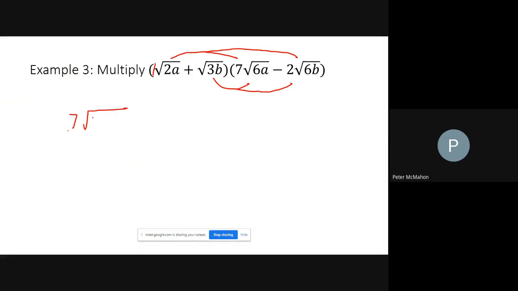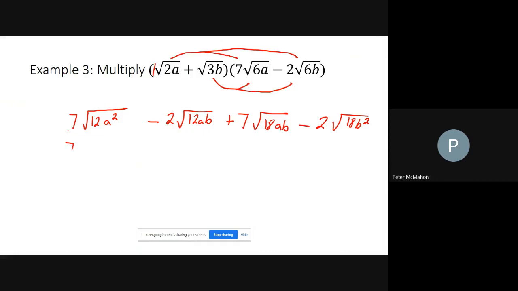Root 2a times root 6a is root 12a squared, minus 2 root 2a times root 6b is root 12ab, plus this term times this term, the 7's out in front, 7 root 18ab, and we have minus, so there's the 2 times the 1 is minus 2, and we have root 3b times root 6b is root 18b squared.